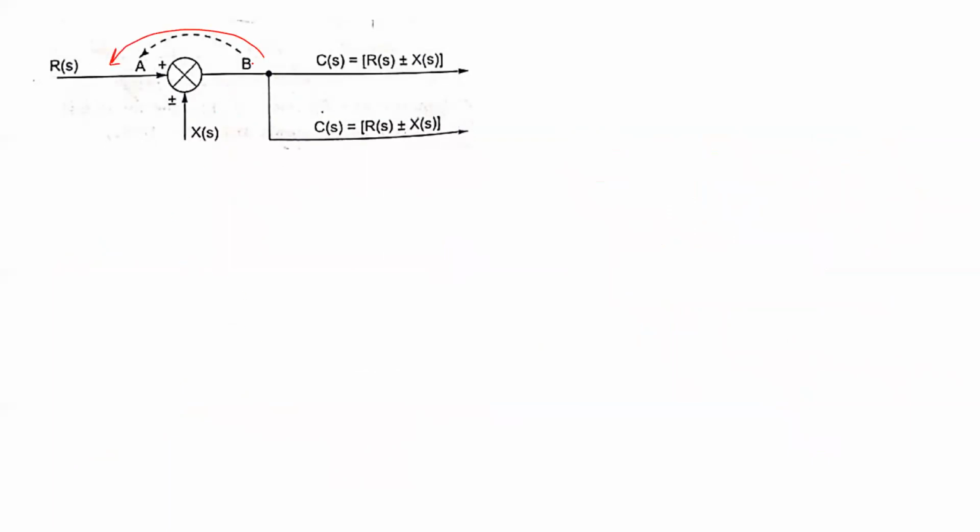Okay, so from a position after the summing point to a position before the summing point. So this is a position after the summing point, and this is a position before the summing point, right? So now this is the original.